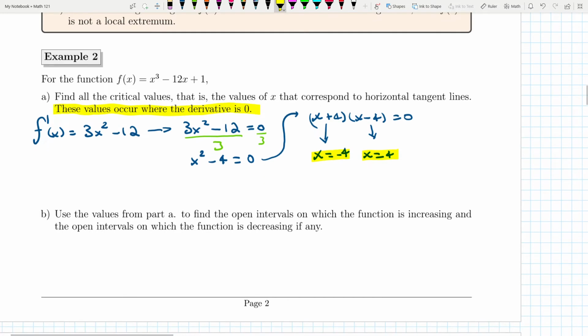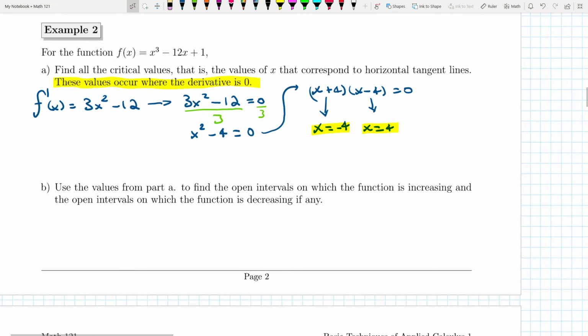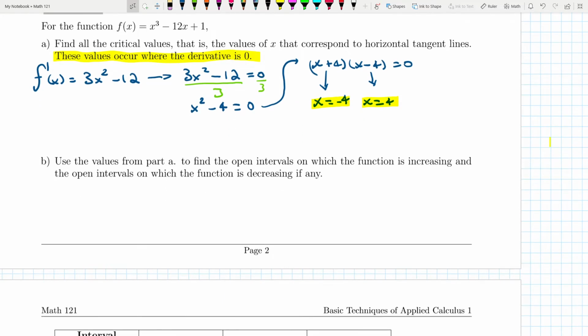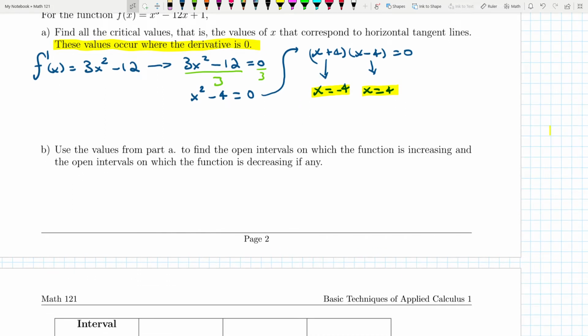Okay, so for part B, we are going to use the values that we got in part A to find open intervals on which the function is increasing and decreasing. So what are we going to do?